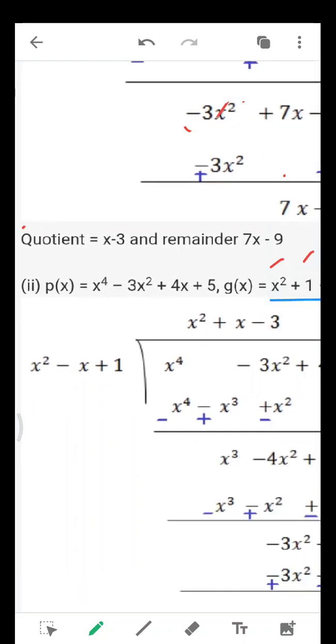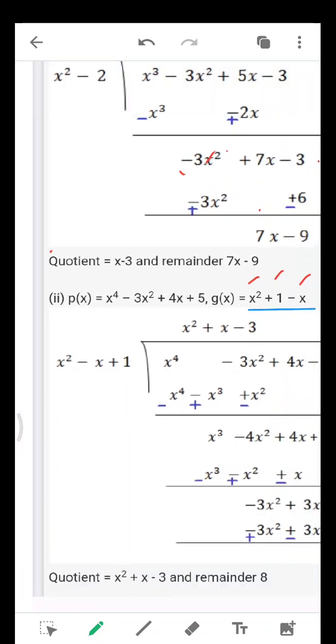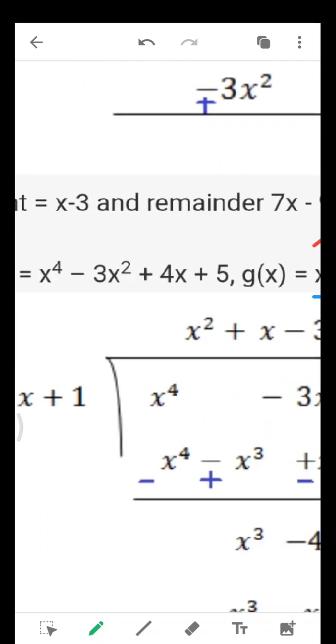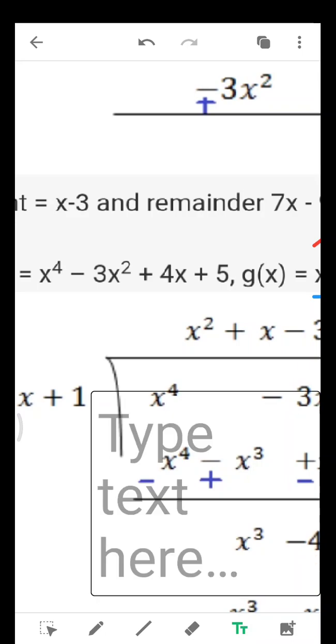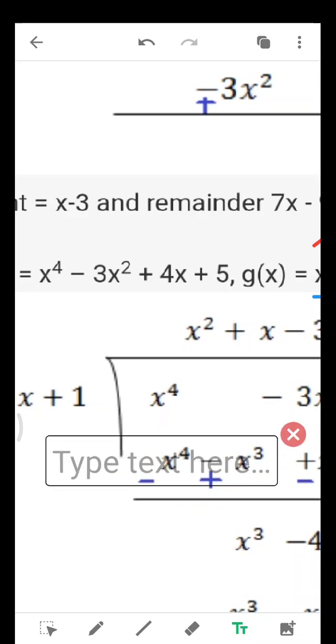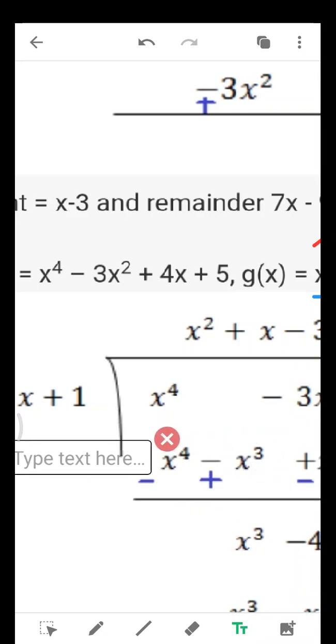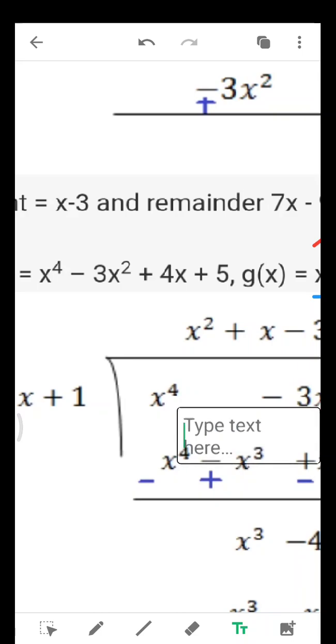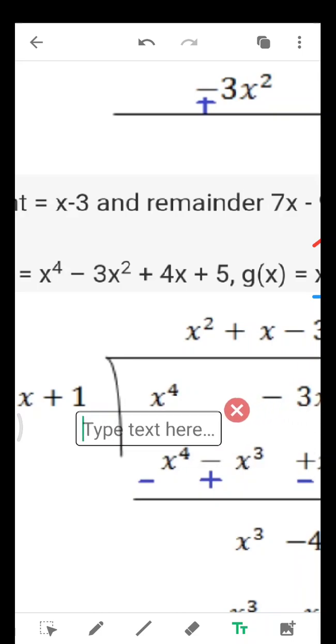Minus 3x square plus 4x plus 5, this is the dividend. So when a term is missing, no need to panic. You can leave the gap, or you can take 0x cube if you want.